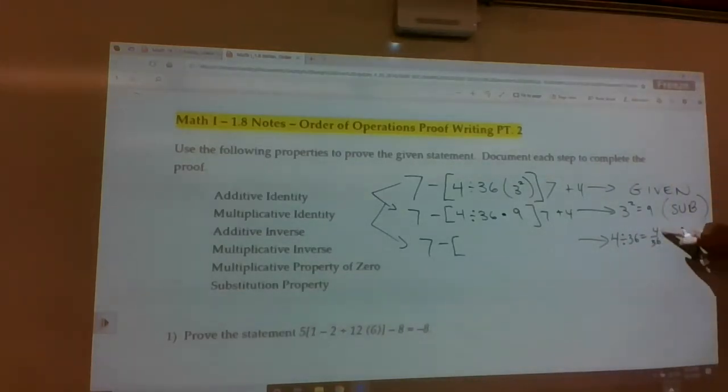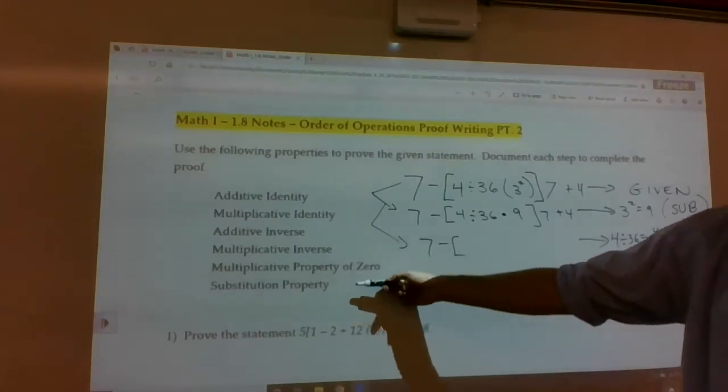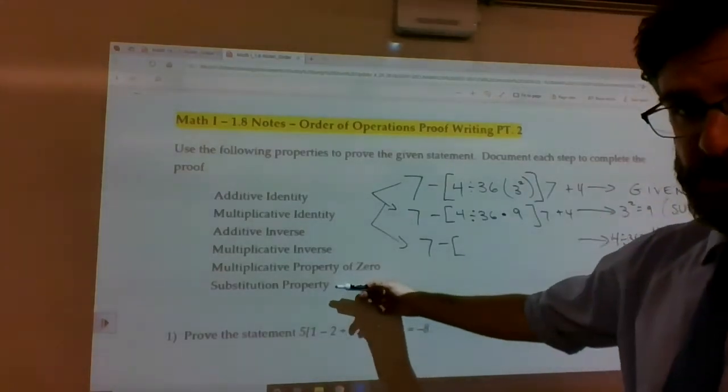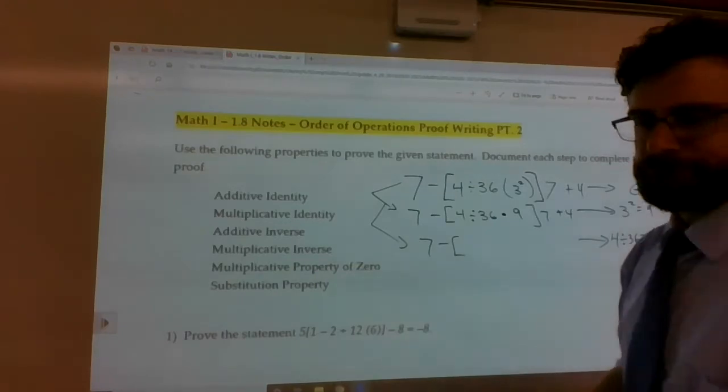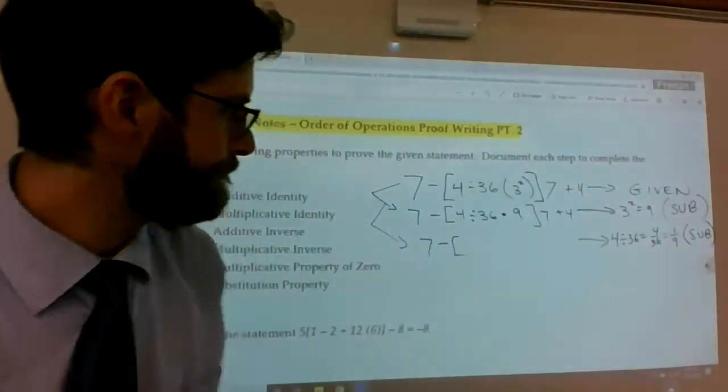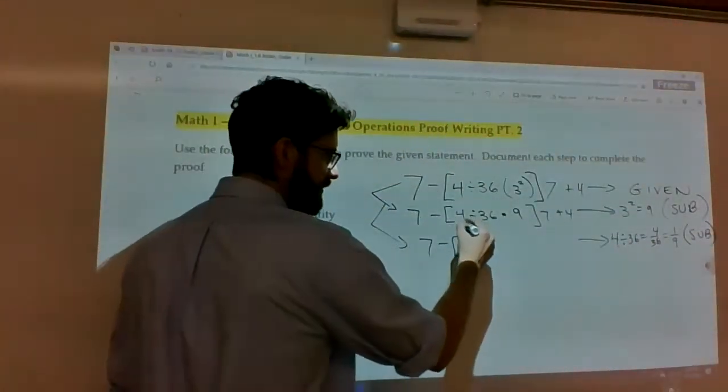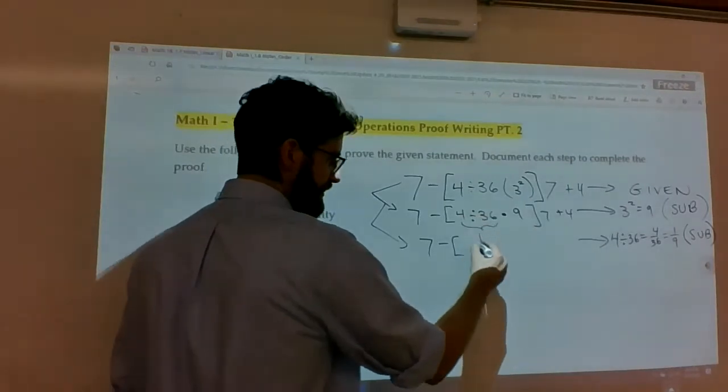You can divide the top by 4 and the bottom by 4 to get 1 over 9. And that was also included in the substitution property. Again, there's no special multiplication. There's no special addition or subtraction. Just a generic sub. 1/9 goes in place of 4 divided by 36.